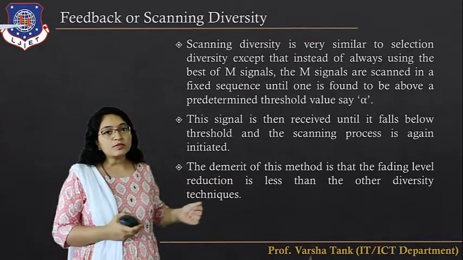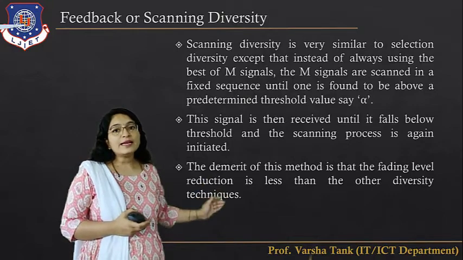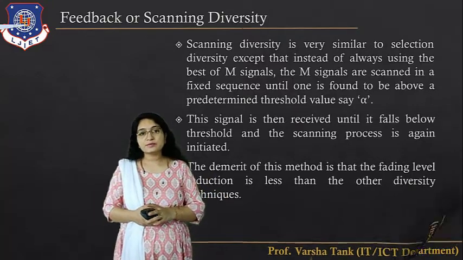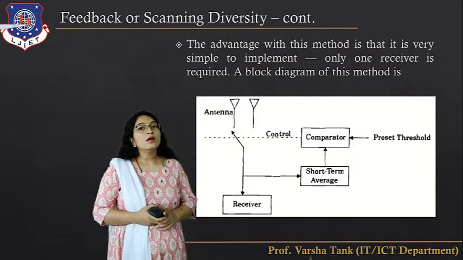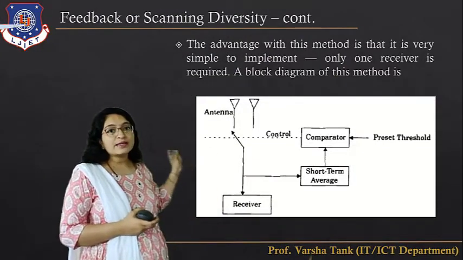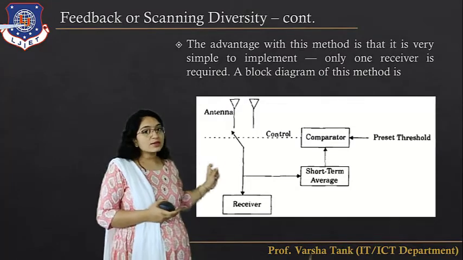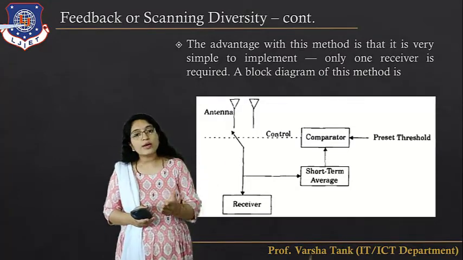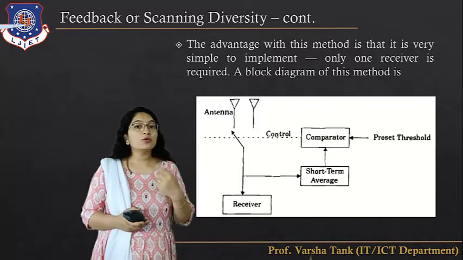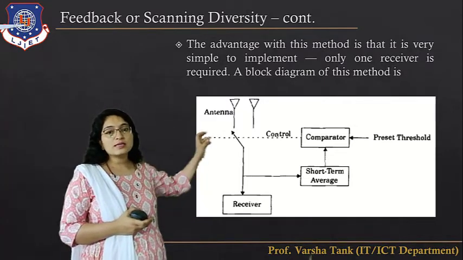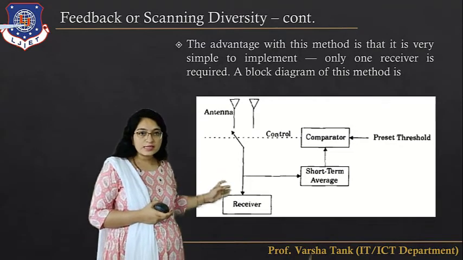The demerit of this method is that the fading level reduction is less than in other diversity techniques. The advantage of this method is that it is very simple to implement. Only one receiver is required. Why? Because we just have to accept the signal that is above the predetermined threshold. In the block diagram shown here, you can see the different antennas sending the signals.